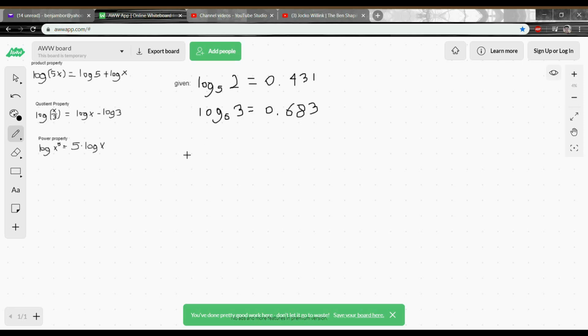And then what is required of us is that we evaluate log base 5 of 6.